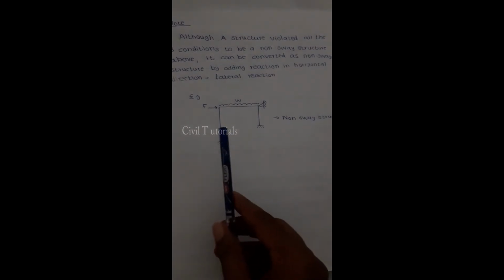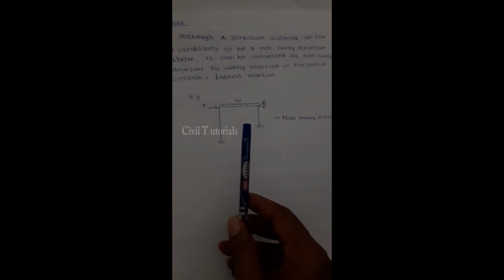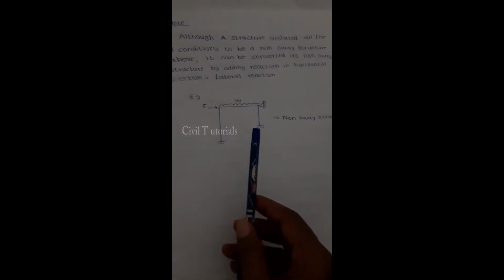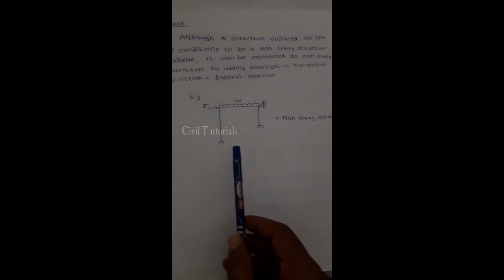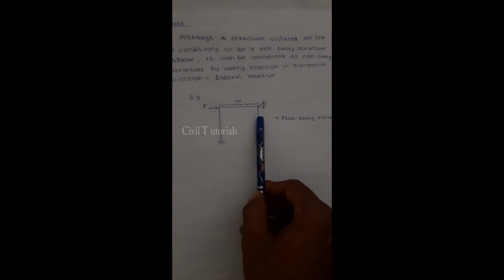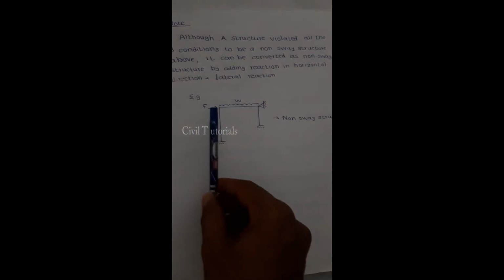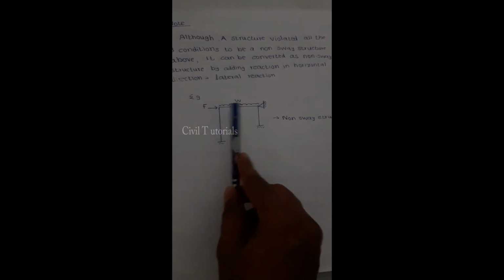Even though it violates the three criteria we saw before, I can say this is a non-sway structure. Let's see why. It violates the criteria: the columns are not symmetrical, and their heights vary. Yes, but as we said before, we have a restraint here. It resists the lateral direction, so there will be no lateral deflection here.